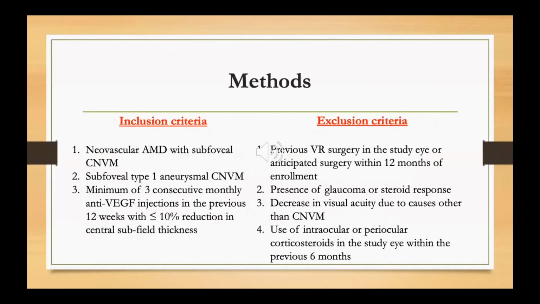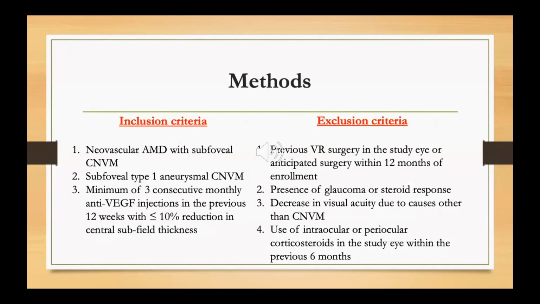Patients with subfoveal CNVM or PCV, and those who had received a minimum of 3 consecutive monthly anti-VEGF injections in the previous 12 weeks with less than 10% reduction in central subfield thickness, were included in the study.